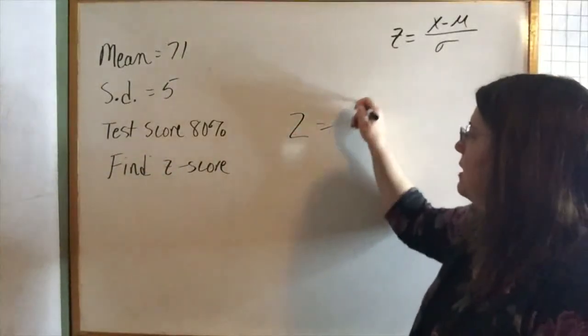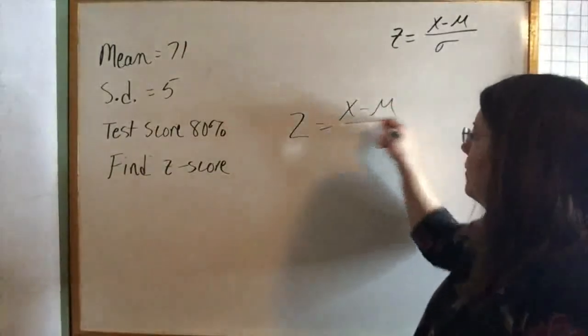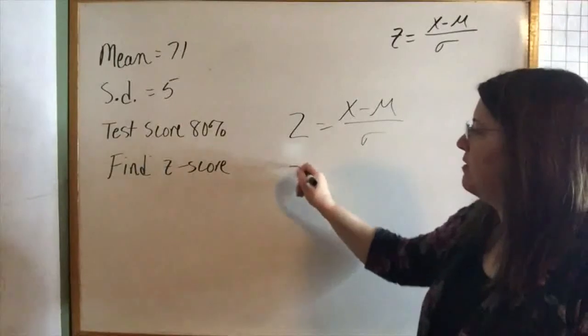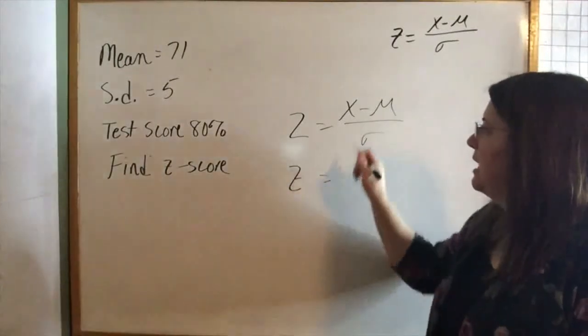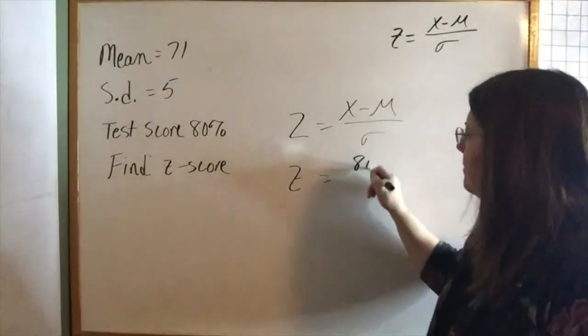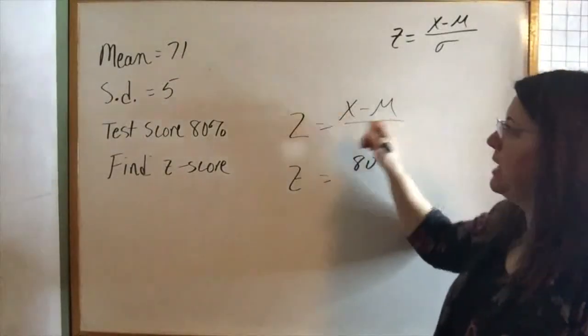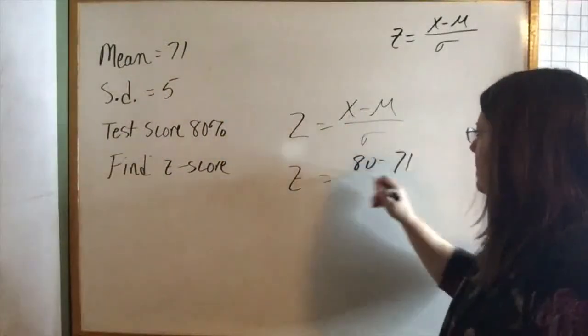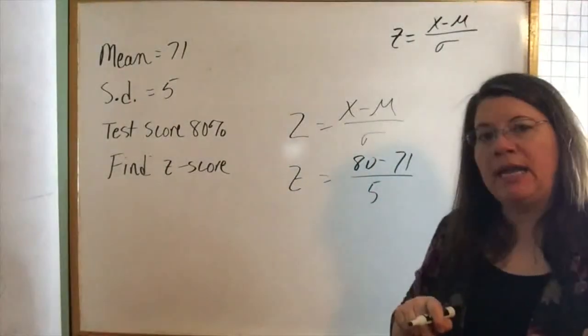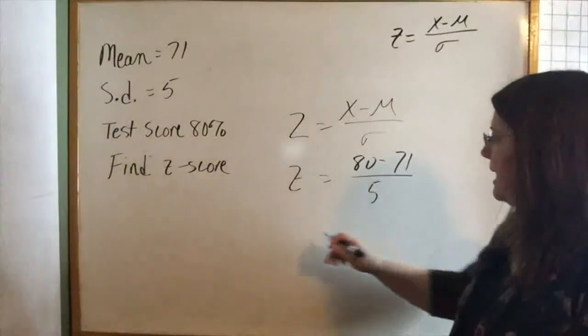So we know z equals x minus mu over standard deviation. We are trying to find the z-score, so they didn't give us that. x is the member of the set of data, that would be 80. Mu is the mean, so that's 71. And this is your standard deviation, which was 5. So 80 minus 71 would be 9.